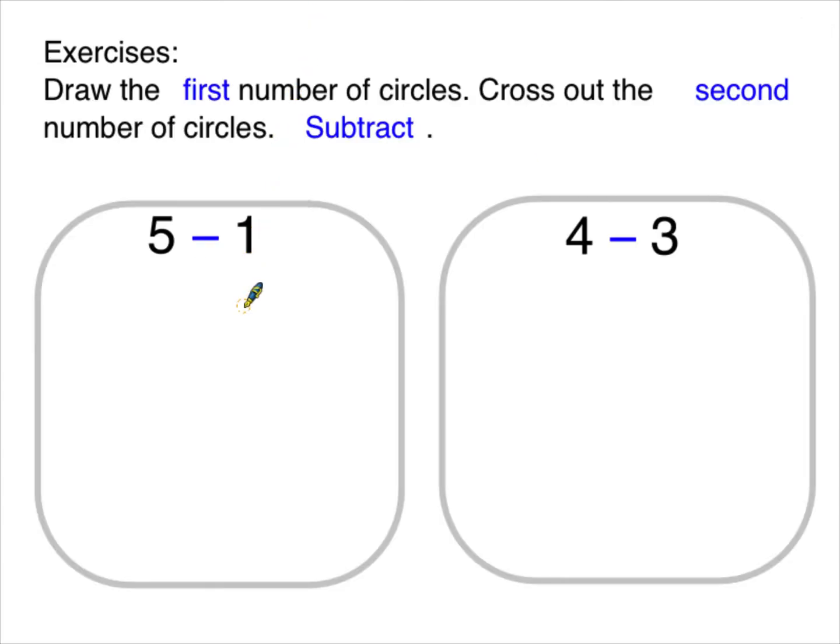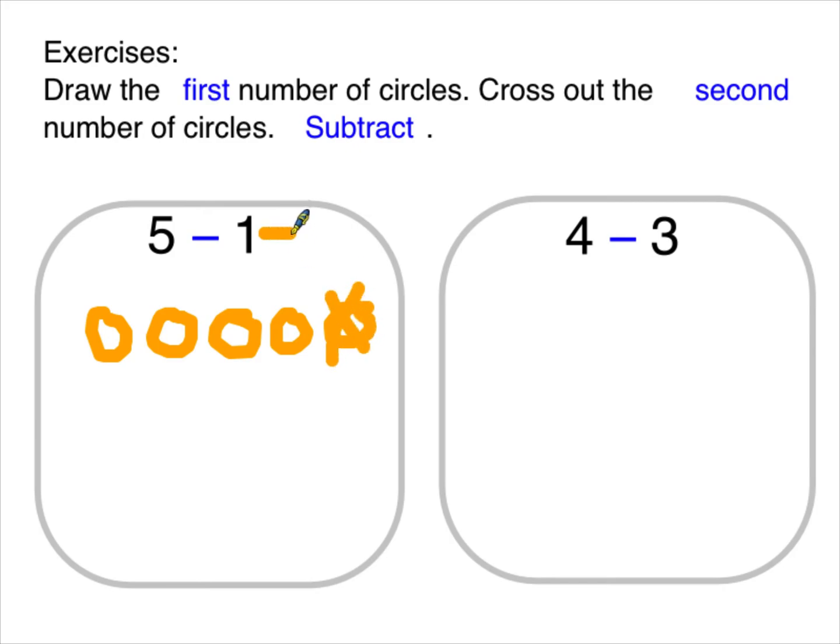So I want you to take out your dry erase board, see if you can figure out the answer. This is how many we start with. This is how many we take away. I'm just going to keep going. And if you want to, you should do it, but then you should pause me. So we start with 5. We take away 1.